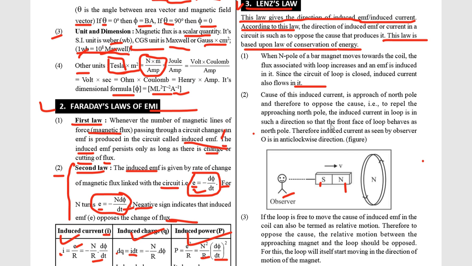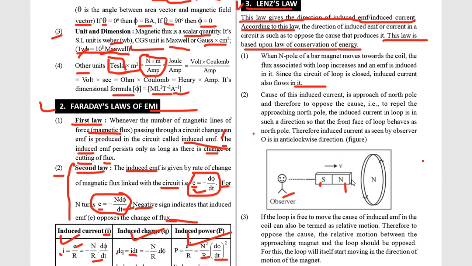So you can see here, as this north pole is moving toward this coil, there is an increase in flux by increasing the magnetic field. If you move this north pole toward the ring, then the number of lines passing through this loop increases, because very close to the pole the magnetic flux density is very high.